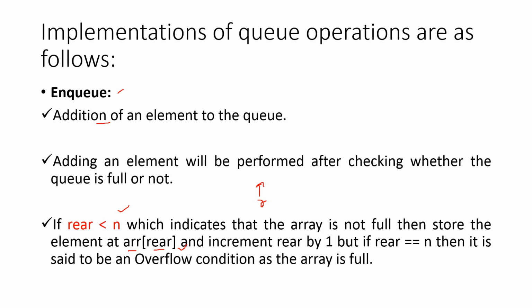When we are adding one more element, rear will be shifted from this position to this position, because at this index the element has been added. So increment rear by 1, but if rear is equal to n, then it is said to be an overflow condition. That is, rear is equal to n, there is no space, and the condition is overflow.